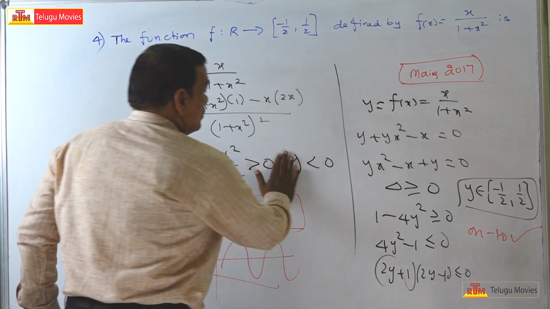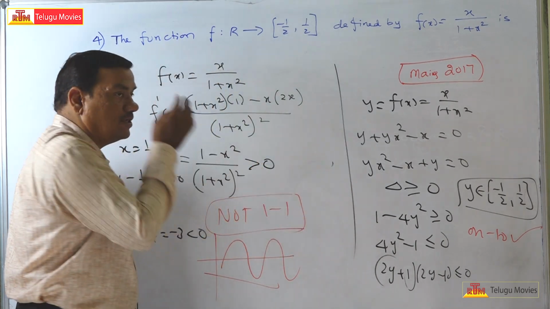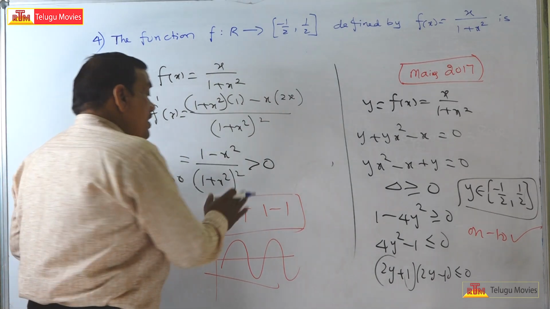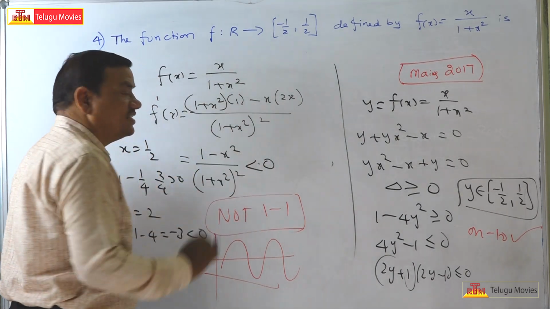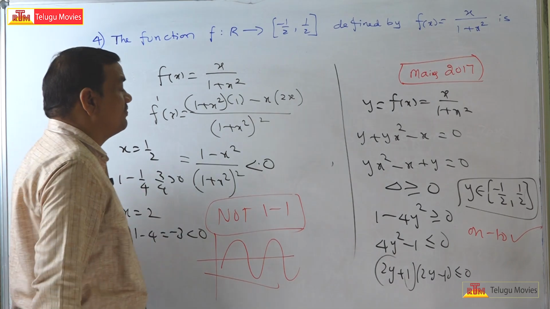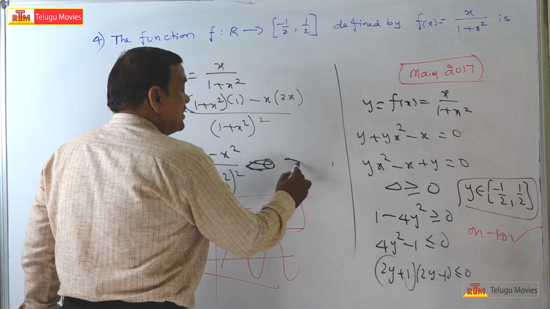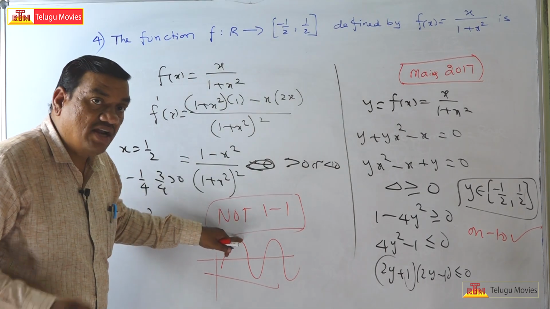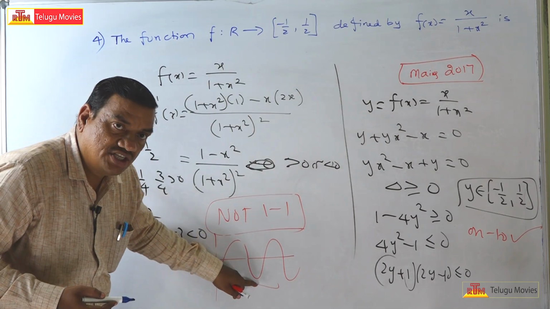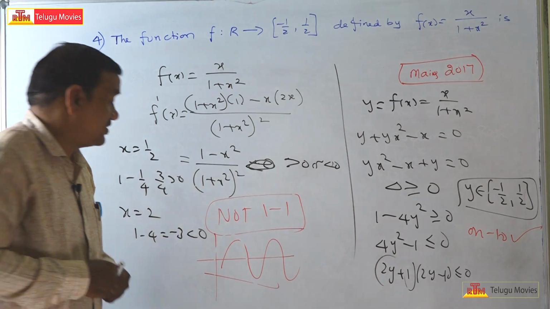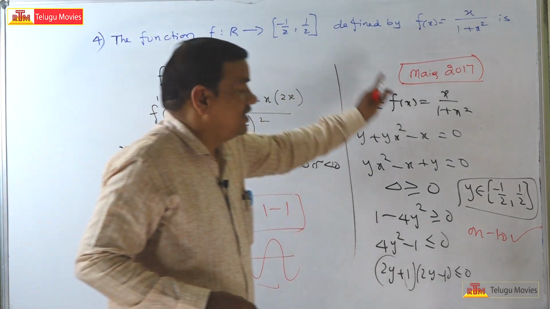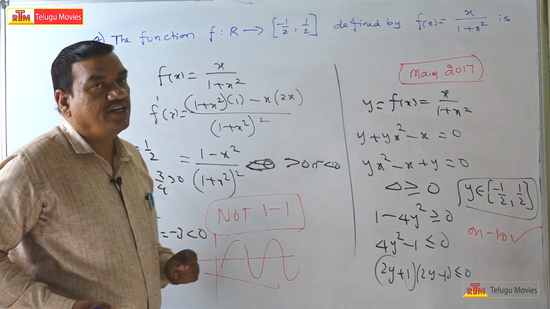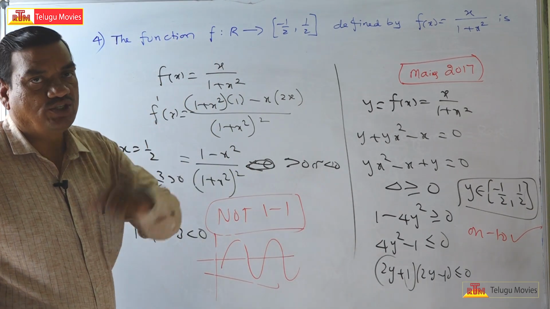If it is greater than 0, it is an increasing function, or if it is less than 0, it is a decreasing function. But for this particular function, it is greater than 0 for some values and less than 0 for others. Both are happening: for some values it is increasing, for some values it is decreasing. Therefore, it is not a one-one function. It is a many-one function. It is an onto function. Therefore, it is not invertible. Okay? I hope that you understand this solution. Let us go for the next problem.